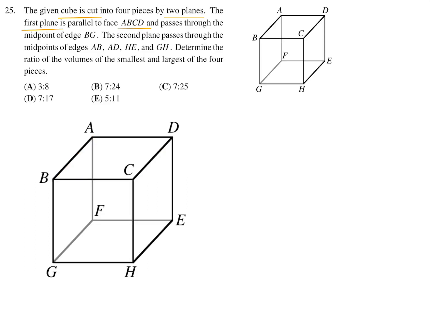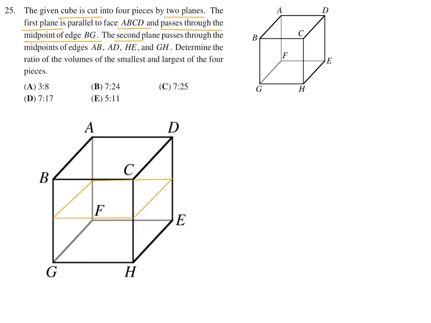Where is it? Well, they tell you that. It passes through the midpoint of edge BG. So the midpoint is approximately here. So this is the first cut, like here. All the way across, all right, like that. So that's the first cut, which essentially looks like it cuts the cube in half, with the top half and the bottom half.